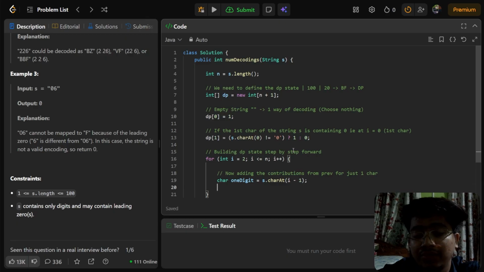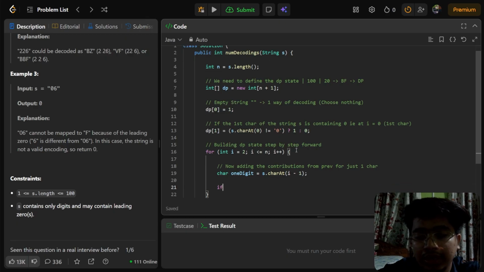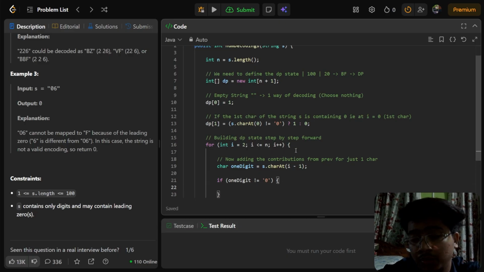Now we check if this one digit is not equals to 0, then it will make a contribution to the dp of i plus equals to dp of i minus 1. Done. So it is now making contribution.